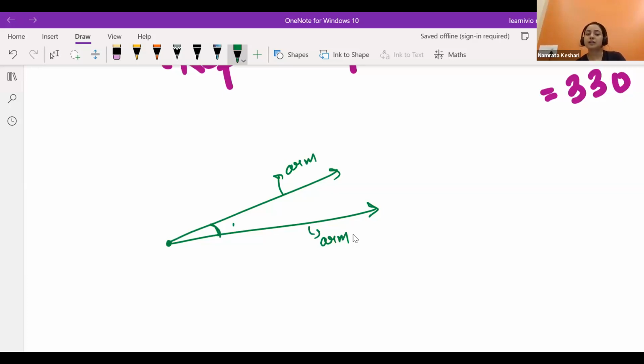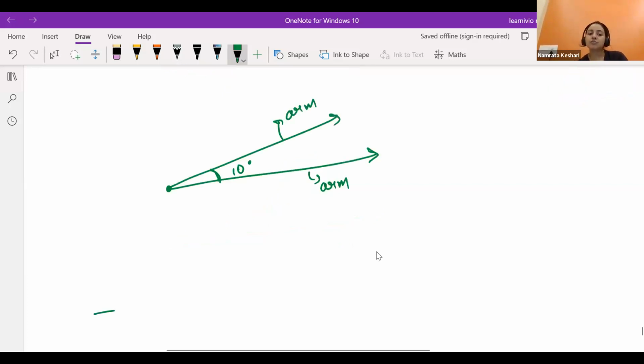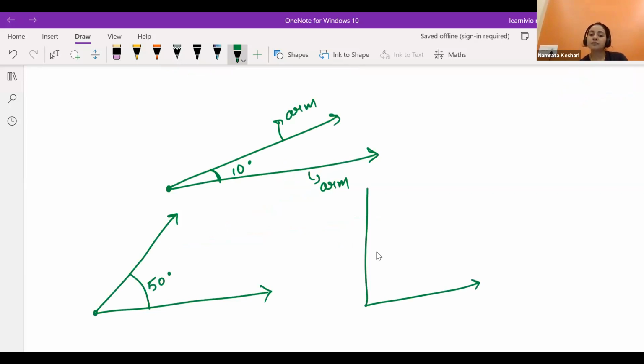Okay, this angle is 10 degrees. If you increase the distance between two arms, your angle will keep on increasing. Maybe this is 50 degrees. If you increase the distance between the two arms, your angle is 80 degrees.